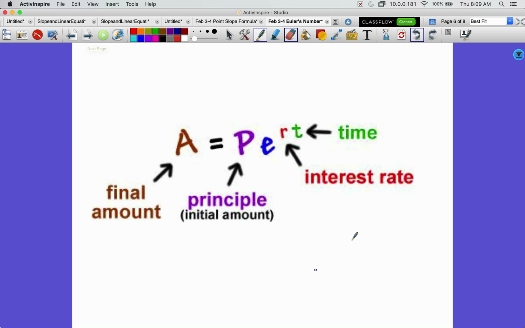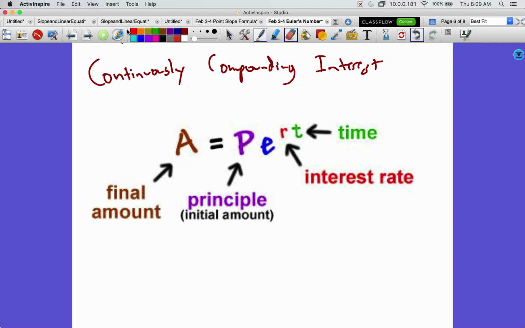All right, and if you haven't put this formula in your notes yet, now's a good time. This is how we can calculate continuously compounding interest. So essentially we're taking the idea that a 100% return caps out at e for being continuously compounded or compounded infinitely many times per year, and then we're scaling it by whatever our actual interest rate is.